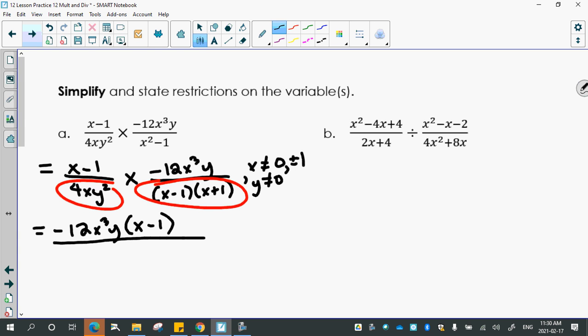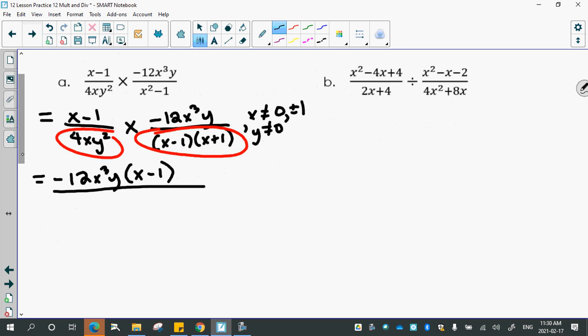Then I multiply the bottoms together. Again, here 4xy squared is a monomial, so it's going to go out front. And then my binomials go next. So now I've done that step.